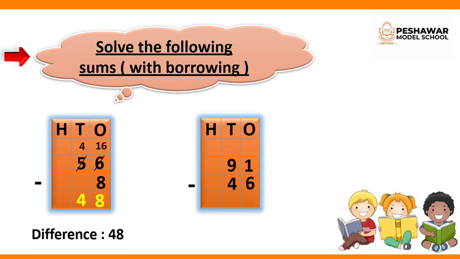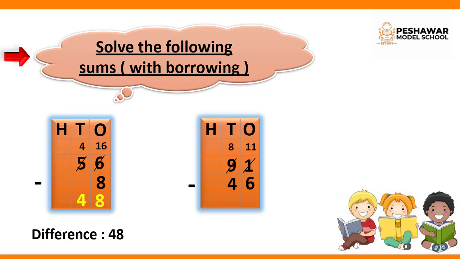Now question number 2 is 91 minus 46. We start subtracting from the ones place. Here we have 1 and 6 in the ones place, but we can't subtract 6 from 1, so we borrow 1 from 9. So 1 becomes 11 and 9 becomes 8.